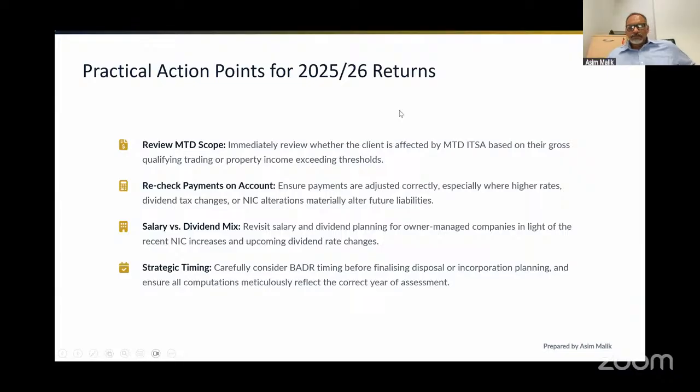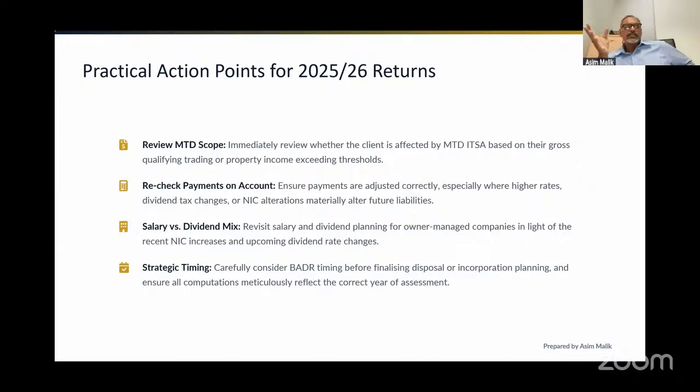A couple of items I thought I'd share with you, which basically practically help you. Salary and dividend is quite common. Typically, we structure income extraction from a private limited company, which is a family-owned company. Let's say it's a single director, husband and wife, who are shareholders.